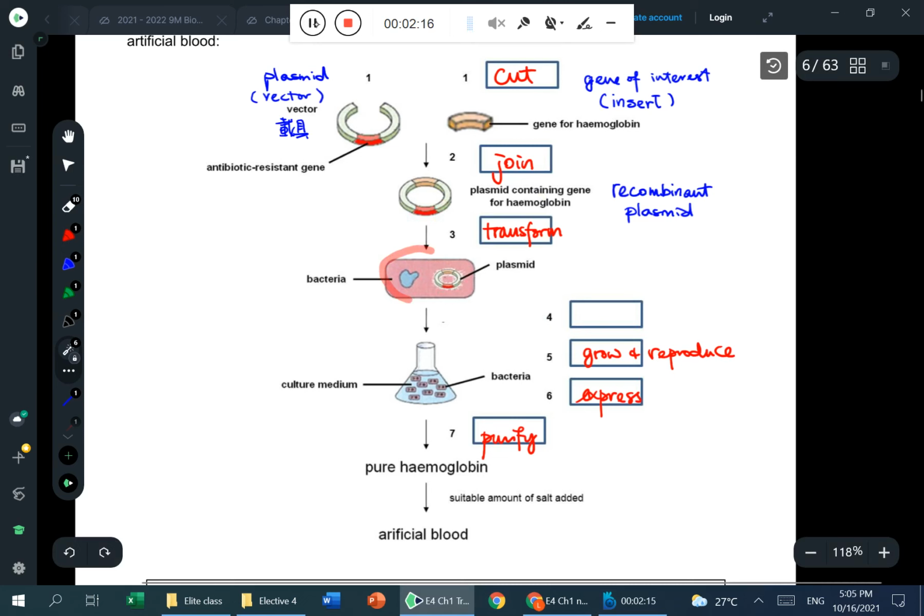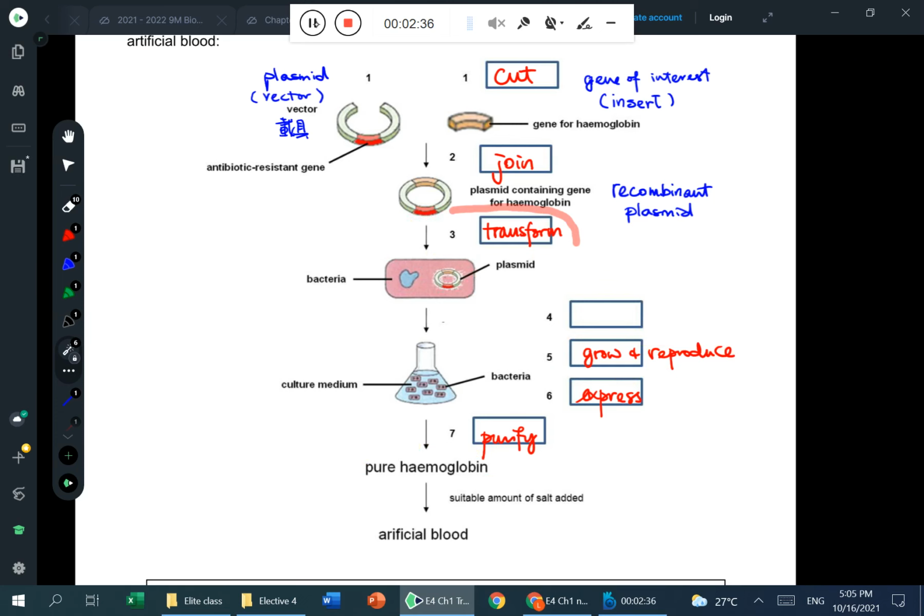cell number of cells is very low. You want to grow and reproduce these cells into a great population so that you want to get huge amount of proteins, right? But there are some inherent problems, intrinsic problems in step 3 that makes the whole process not so ideal.